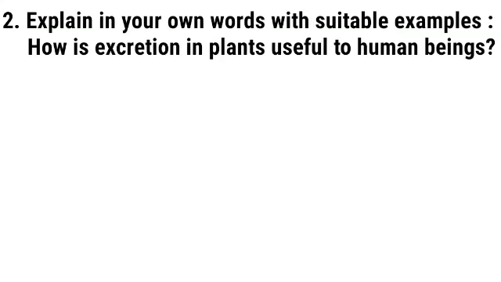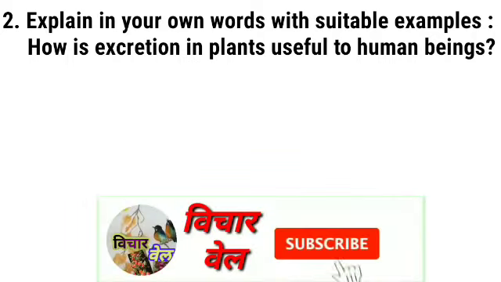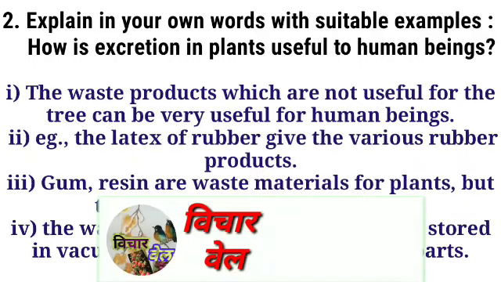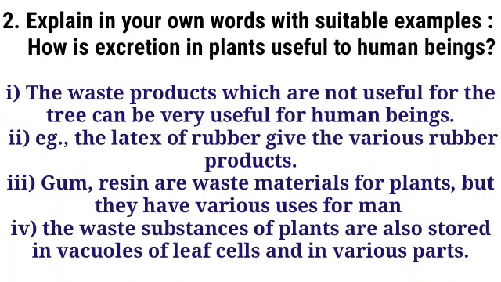Let us go to the second question. Explain in your own words with suitable examples. How is excretion in plants useful to human beings? Let us see the answer. First, the waste products which are not useful for the tree can be very useful for human beings.